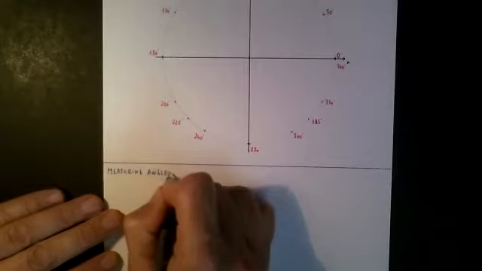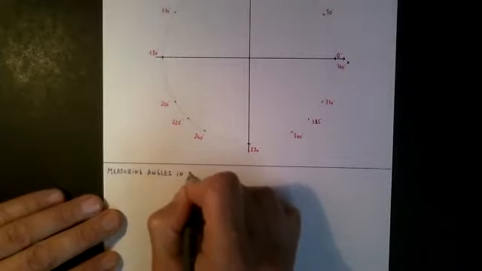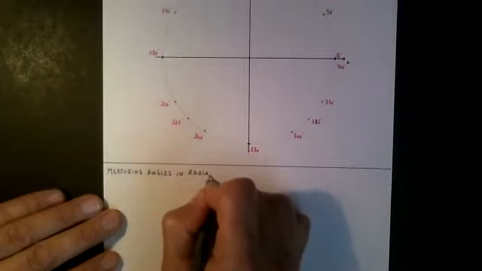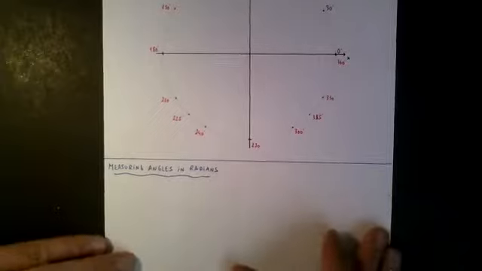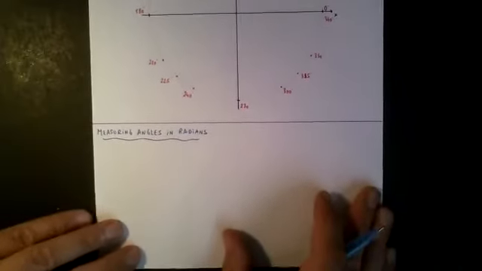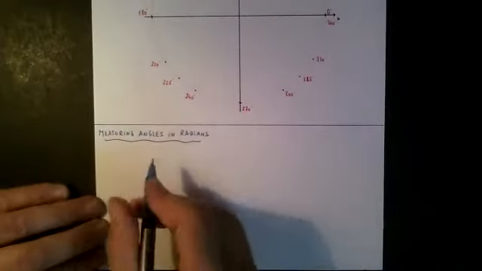Measuring angles in radians. How do we convert? The conversion is as follows.